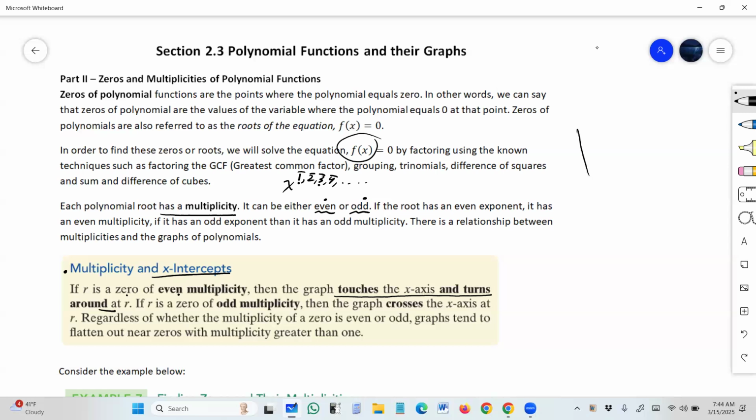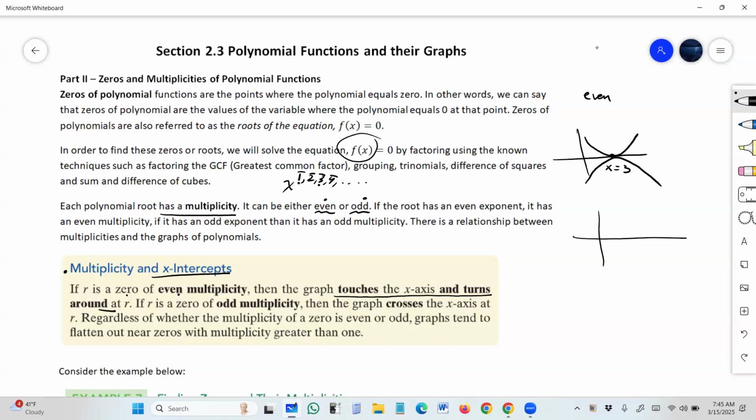So for example, if this value here, x equals 3, is a root, and I have an even multiplicity, the graph is either going to go this way, right? It's in the same direction and bounce back in the same direction, or from the negative side that way. So this is even multiplicity.